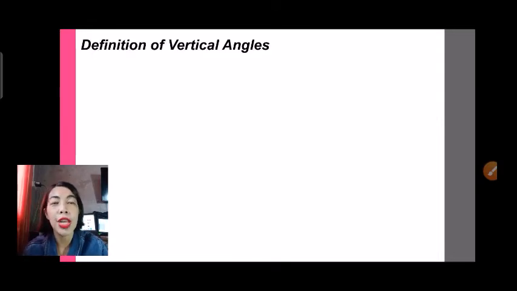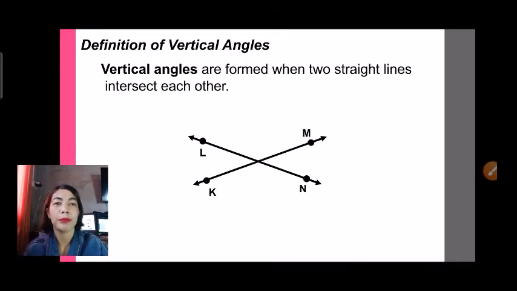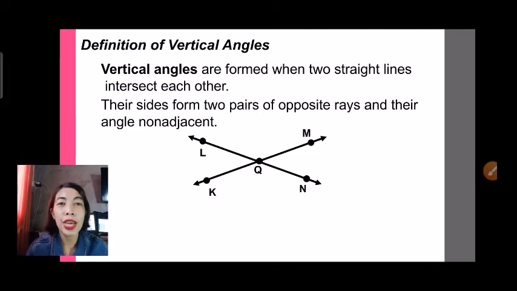Another definition is the definition of vertical angles. Vertical angles are formed when two straight lines intersect each other. So, knowledge about angles and knowledge about intersecting lines. We have line LN and line KM that intersect at a point, let's say, for example, point Q. Their sides form two pairs of opposite rays and their angles are non-adjacent.